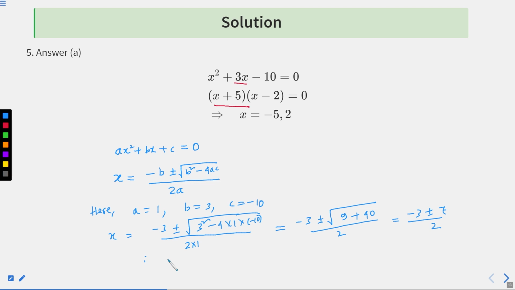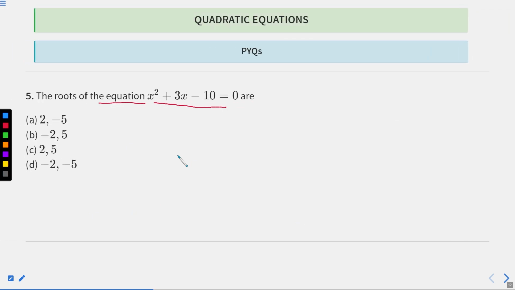Therefore we get the values of x as minus 5 and 2. So we can also use the quadratic formula for finding the roots of this quadratic equation. The roots are minus 5 and 2. So this option is the correct answer.